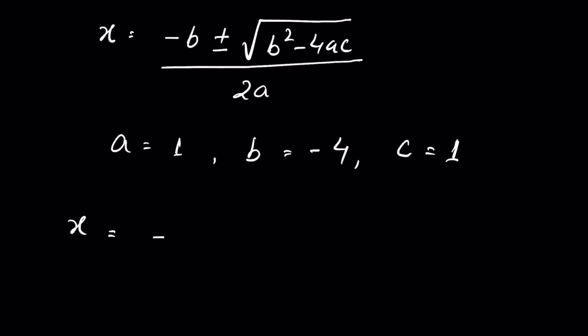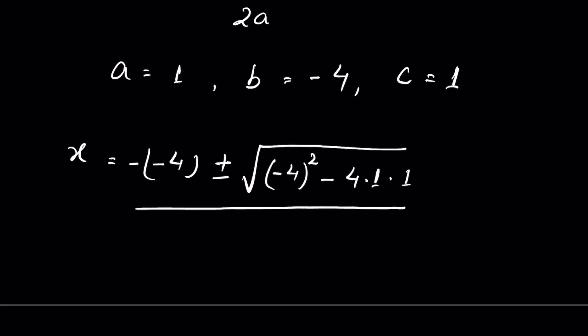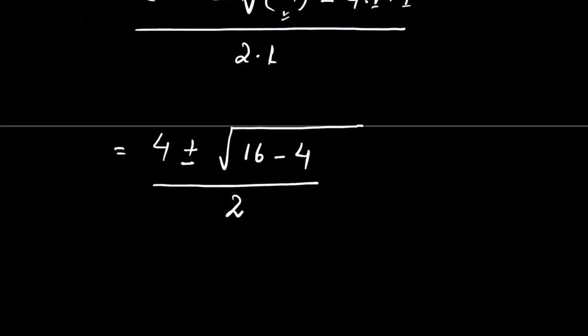Minus b means minus minus 4, then plus minus square root of minus 4 square minus 4 times 1 times 1, then upon 2a is 2 times 1. So it is 4 plus minus square root of 16 minus 4, upon 2. Minus 4 square will be 16.